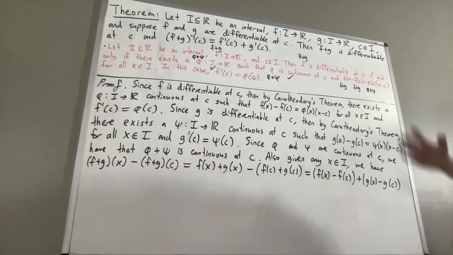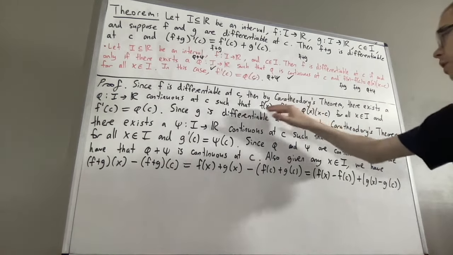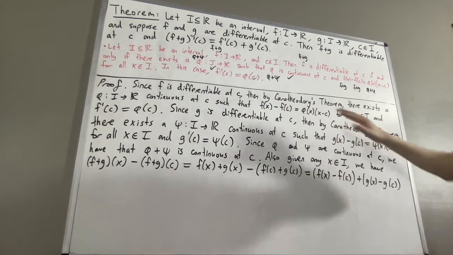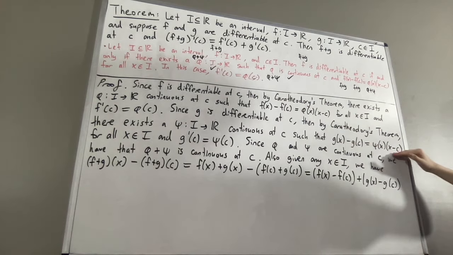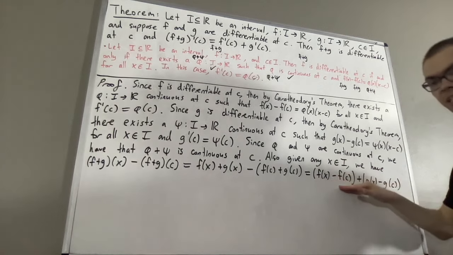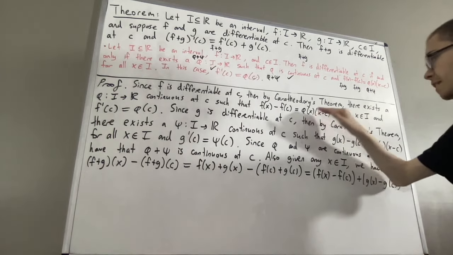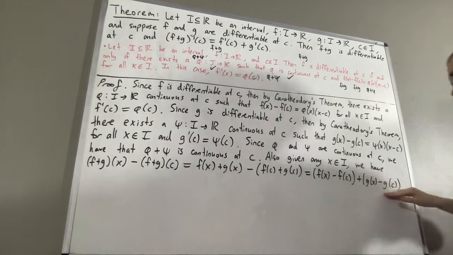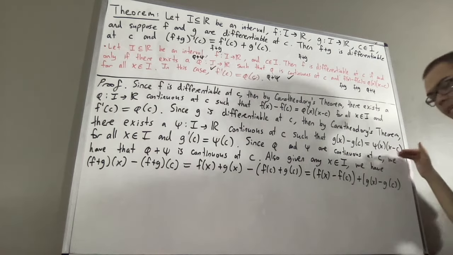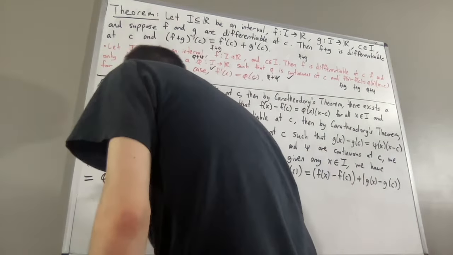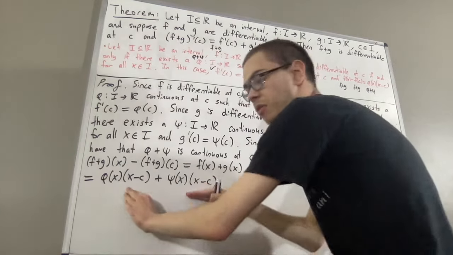But then we go to this equality and this equality. We see that f of x minus f of c is equal to phi of x times x minus c. G of x minus g of c is equal to psi of x times x minus c. And then we factor out the x minus c.